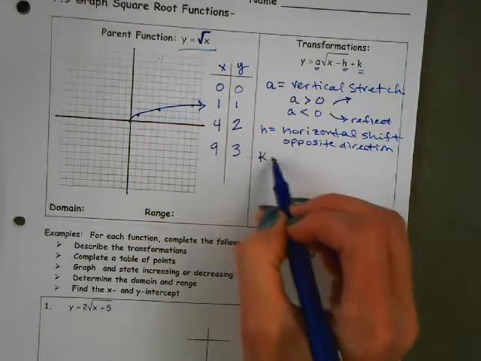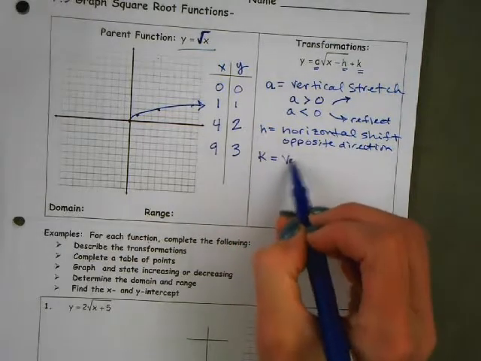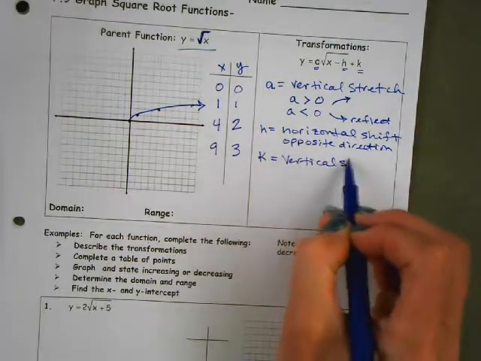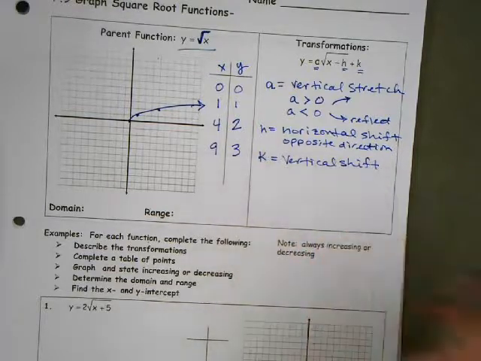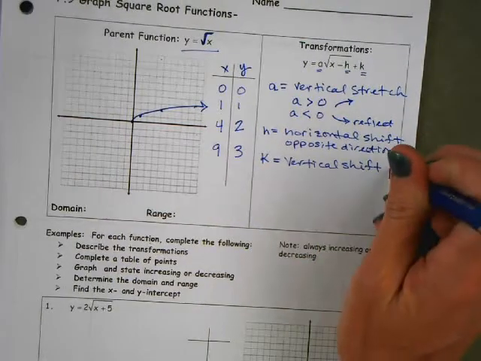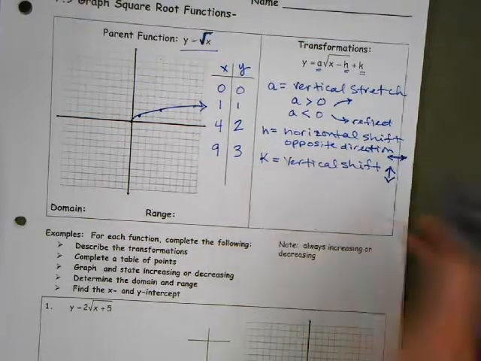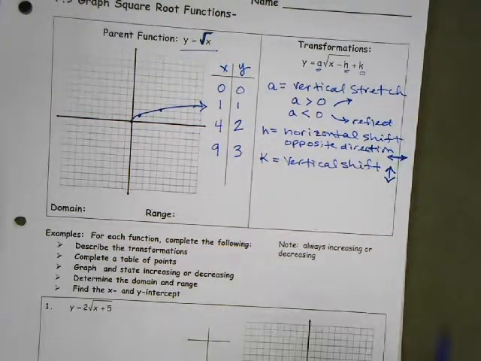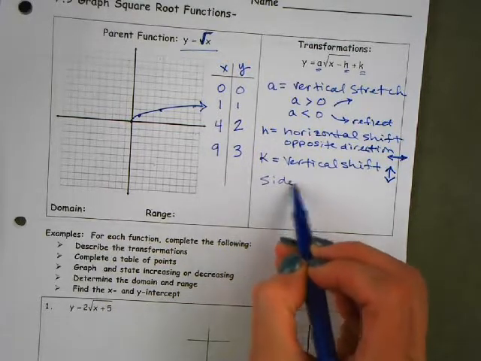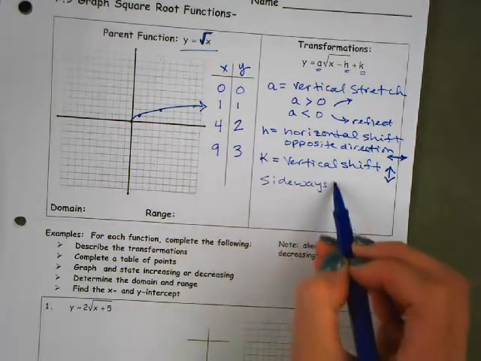And then K, what does that represent? Vertical shift. Okay? And so that's our Y. So this is going to go up and down, and this is going to go left and right. Okay? And again, it looks like a sideways parabola.